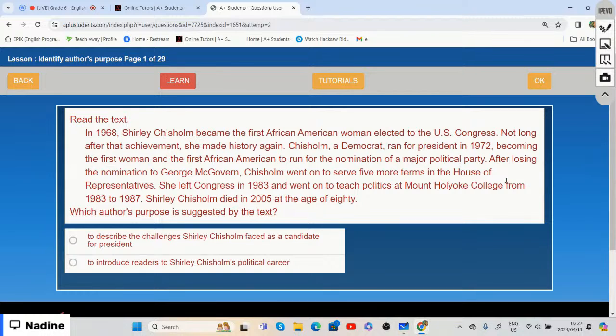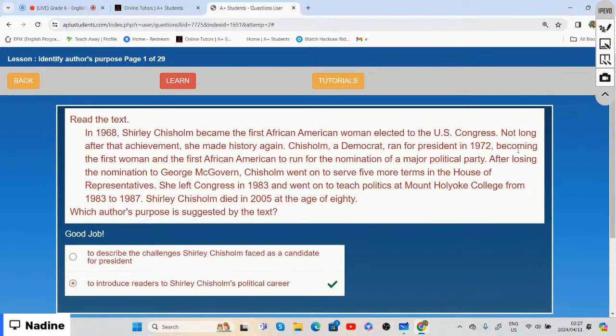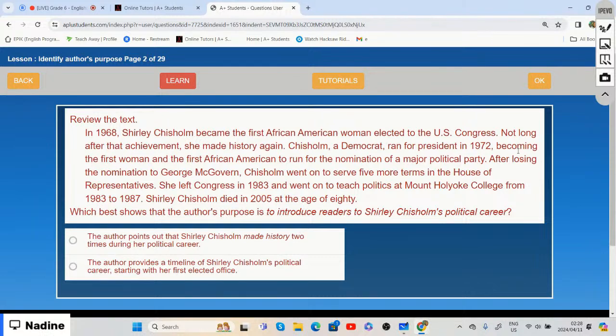I think in this case, it is to introduce the reader to Shirley's political career, because they speak about the political career she stayed on, being the first U.S. diplomat or Democrat, right? All right, and that one is correct.